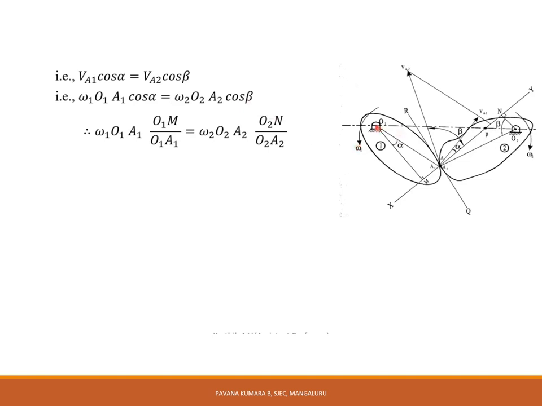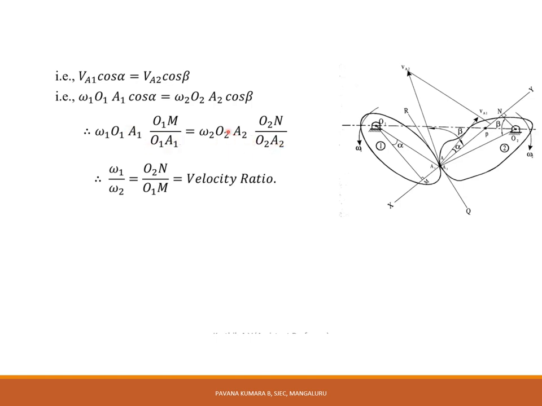Here the adjacent to angle alpha is O1M, divided by the hypotenuse O1A1. Similarly cos beta is O2N divided by the hypotenuse O2A2. Next, here O1A1 and O1A1 cancel each other.